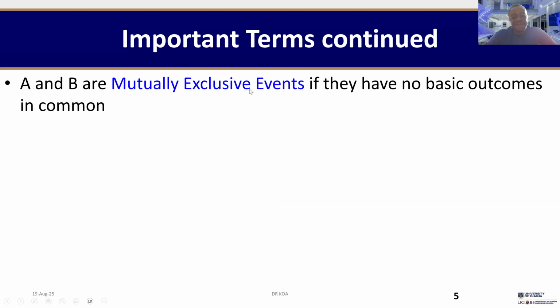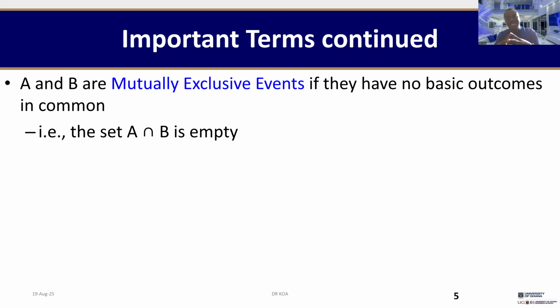But there's another event which is known as mutually exclusive event. You see, if the 2 events are mutually exclusive, what does that mean? It means that doing one will not allow you to do the other. Guys, understand this mutually exclusive event because you will need it a lot when it comes to Bayesian theory. Mutually exclusive events are 2 events that do not have anything in common.